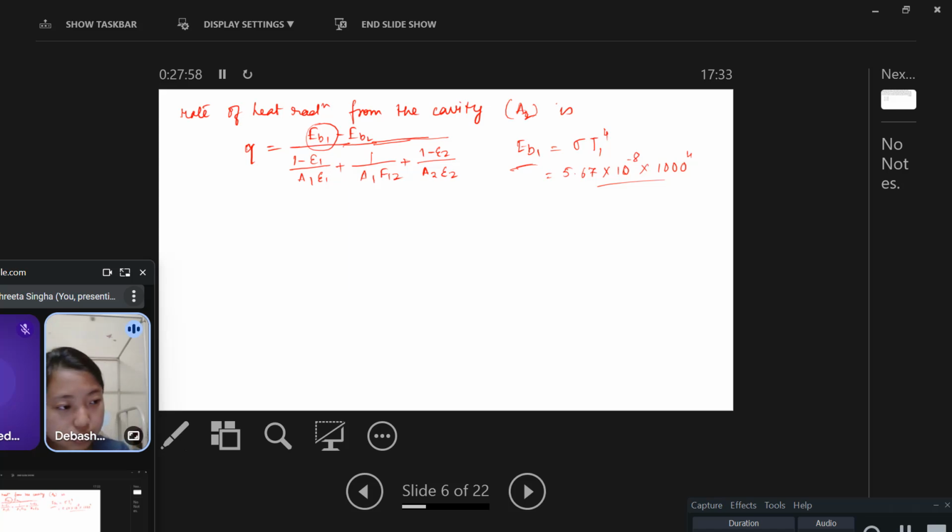Now for calculating this F12, now this is 2 and this is 1.